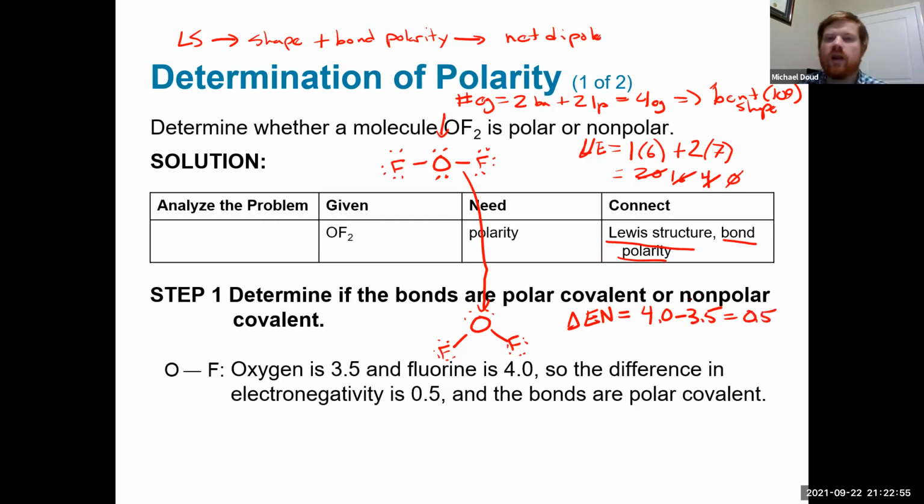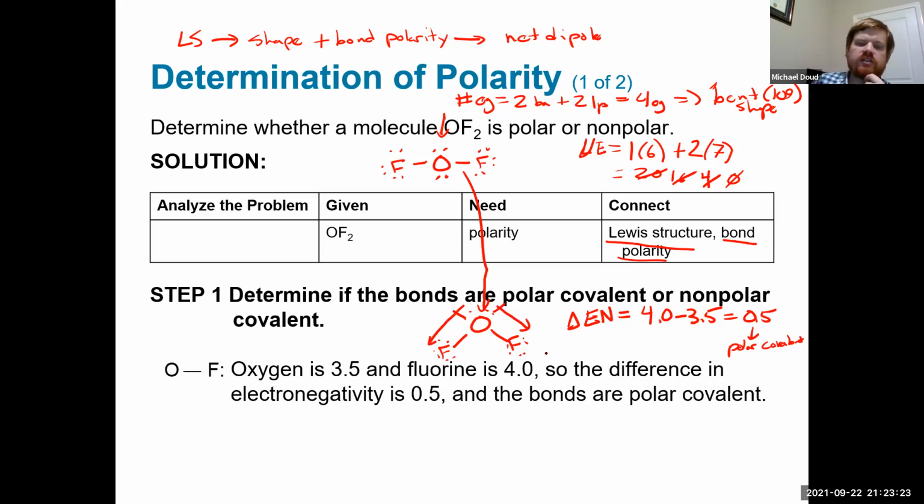Consulting our table, remember anything above 0.4 is going to be polar covalent. So in other words, this is a polar covalent bond. So now we know there's going to be dipoles between the fluorine and the oxygen. Now fluorine is more electronegative than oxygen, so our dipoles are going to look like this. They're arrows pointing towards the fluorines.